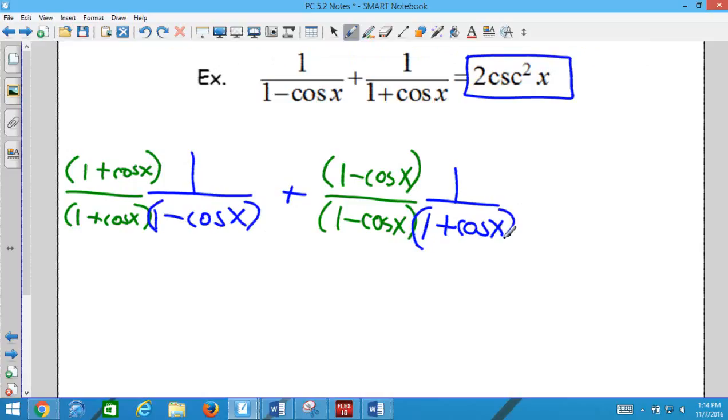Okay, so there's 2 terms each. That means I'm going to have to FOIL the denominators. Numerator's easy though. But the denominator we're going to have to FOIL.